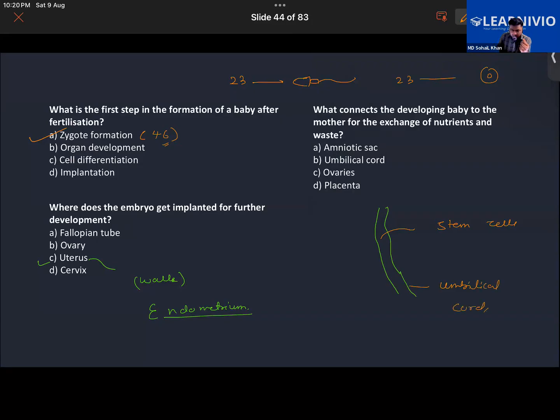Using these stem cells, some patients who are suffering from life-threatening diseases, like blood cancer, bone marrow failure, or sickle cell anemia, can be cured with the help of stem cells found in the umbilical cord. Getting what I'm trying to say? So what are stem cells?